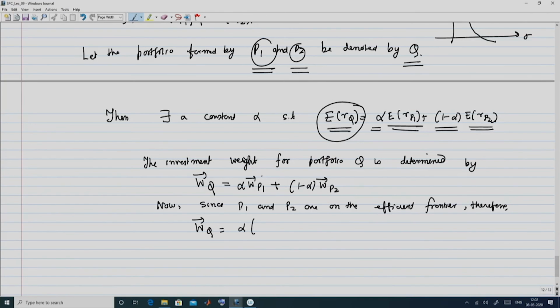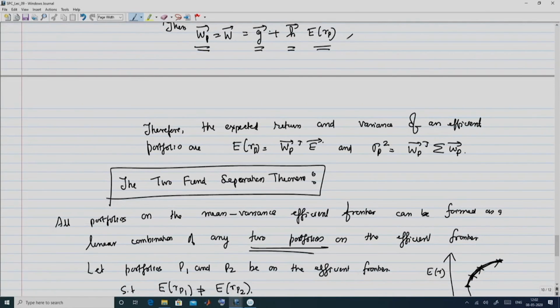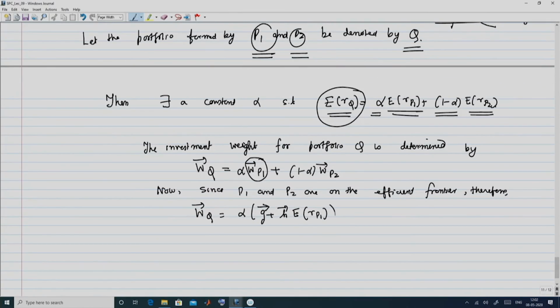Now, since P1 is on the efficient frontier, obviously its weight can be represented as G plus H into E of R P1. Here I am just making use of this result. Similarly, I will have 1 minus alpha into G plus H into E of R P2.